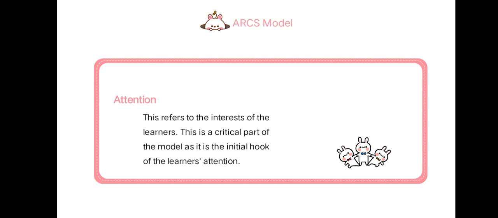It involves various strategies to grab the learner's attention right from the beginning. Kumbaga, hindi pa nagsisimula yung topic na i-introduce ni teacher, mahuhook agad yung attention ng mga estudyante. It arouses their interest. That is attention. Attention is a motivation.